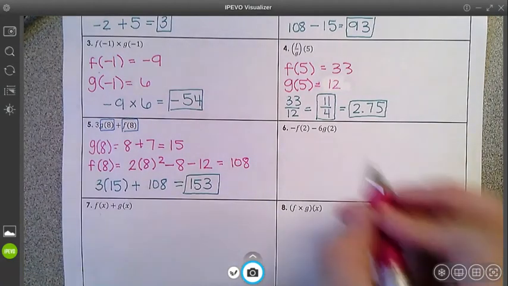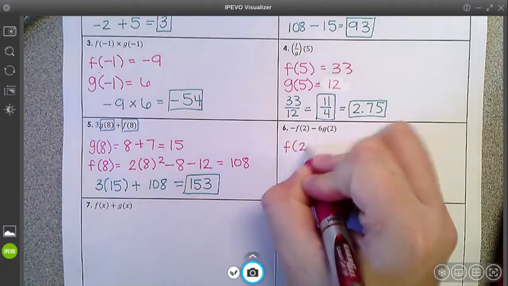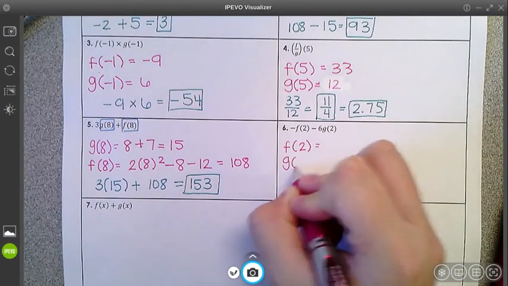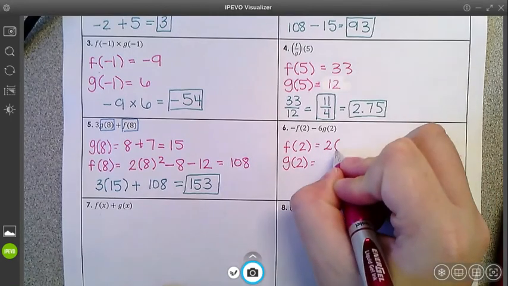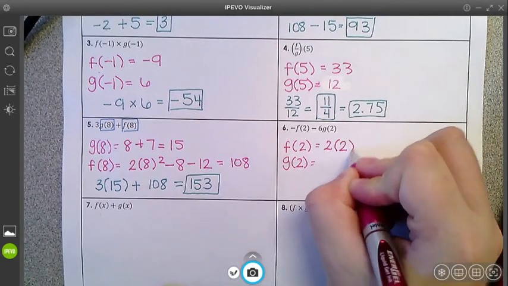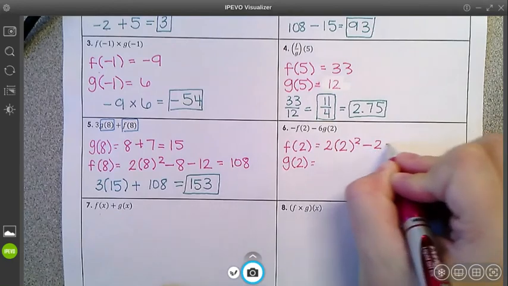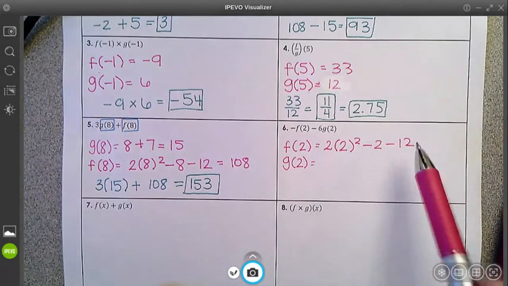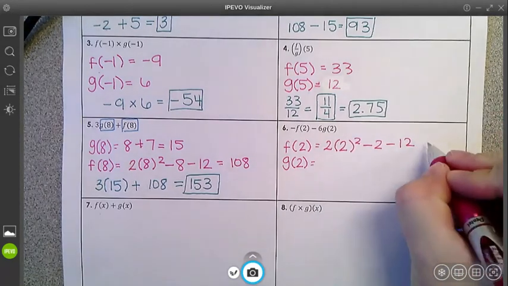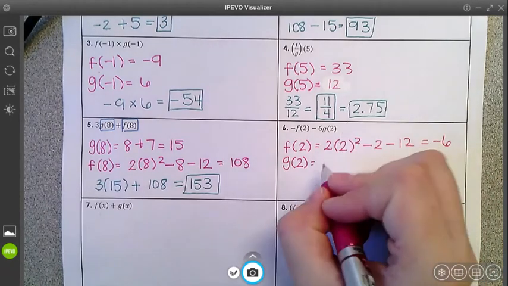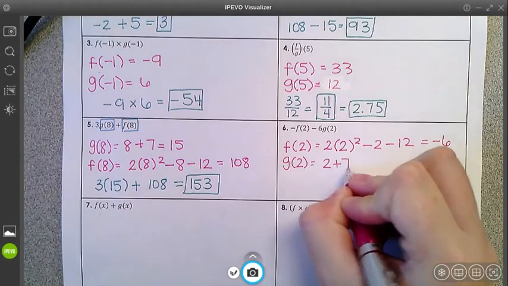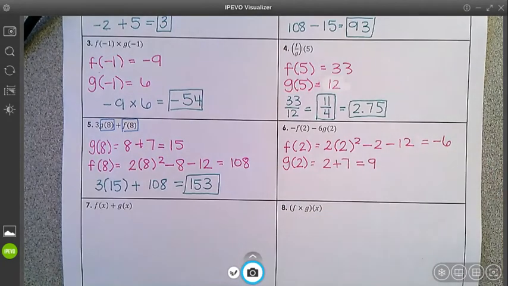Number 6, we need to find f of 2 and g of 2. This would be 2 times 2 squared minus 2 minus 12, which is negative 6. And g of 2 is 2 plus 7, which is 9.